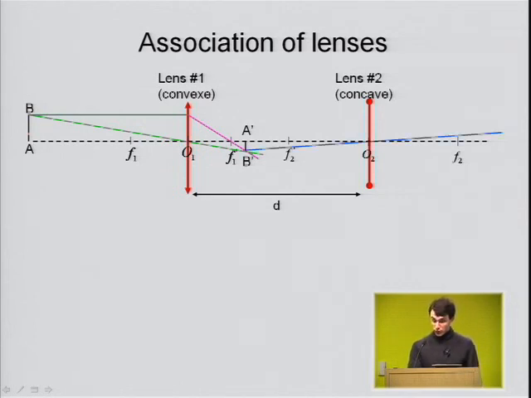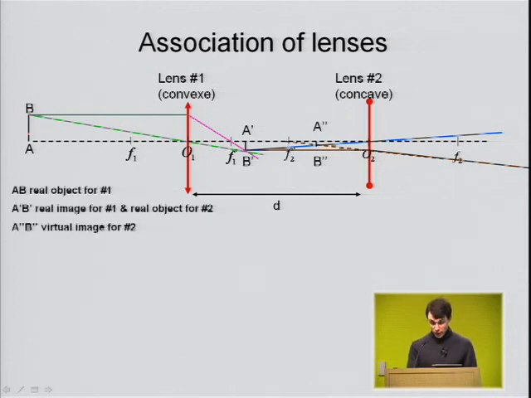So let's consider now that A prime, B prime is the object for lens number 2 and trace the 2 rays. The ray from B prime going through the center of the lens O2 is not deviated, and the second one, parallel to the optical axis, goes through the image focal plane, like this. So where's my image in this case? Here: A prime prime, B prime prime.